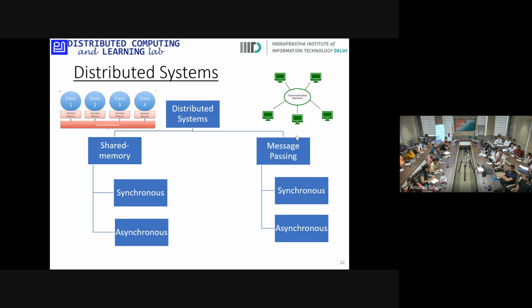A synchronous distributed system is one where, with multiple processors in shared memory or multiple nodes in a message passing system, the next step is taken only after it is ensured that all of them have done the first step. This is lock-step processing, called synchronous processing.